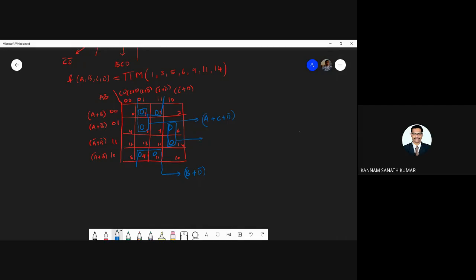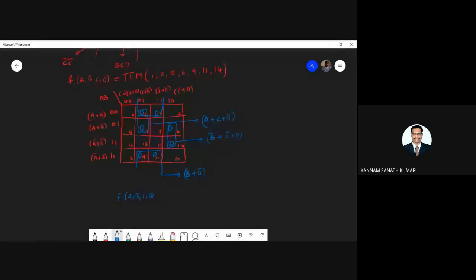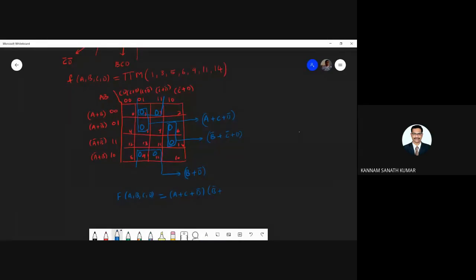Okay, so seeing for this one, which one is common? B bar is common when you are seeing vertically. Again, C bar plus D. Okay, so what is my expression? F of A, B, C, D is equal to A plus C plus D bar, B bar plus C bar plus D, B plus D bar.